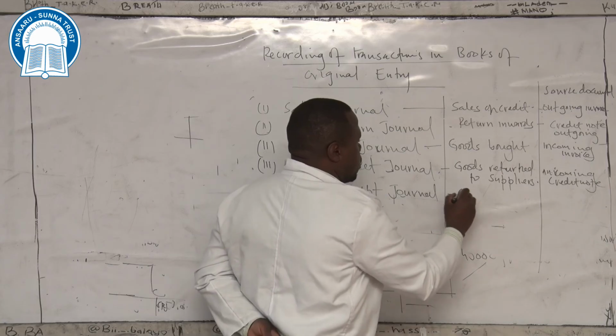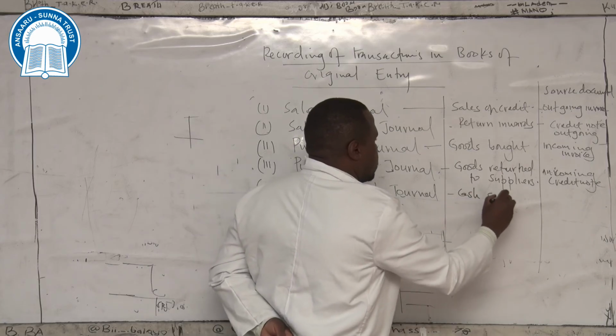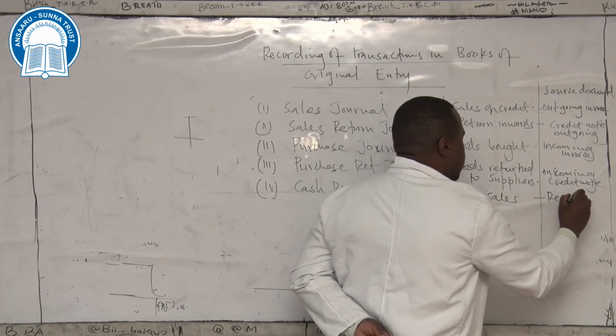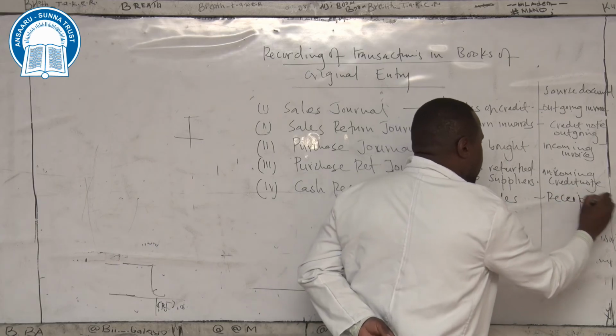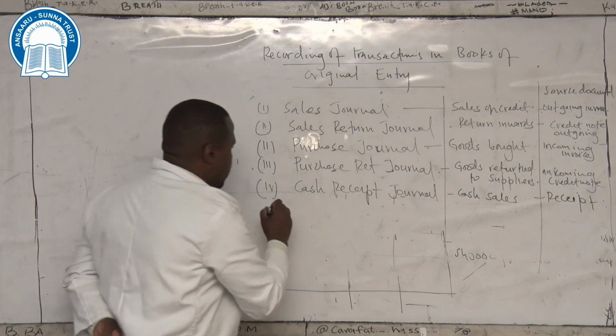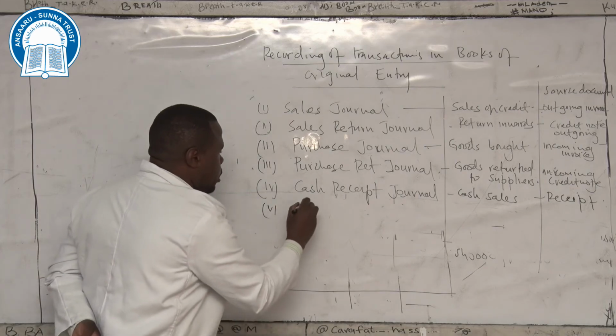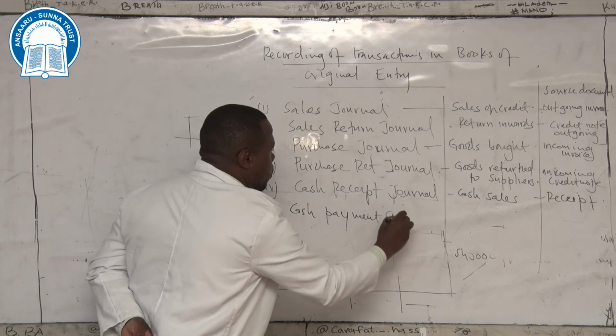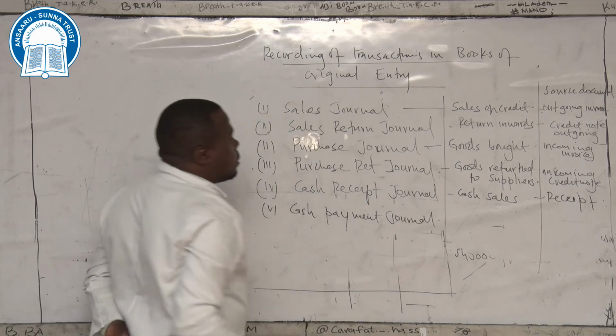So this is cash sales. So here we'll have a cash receipt. Then you have the cash payment journal.